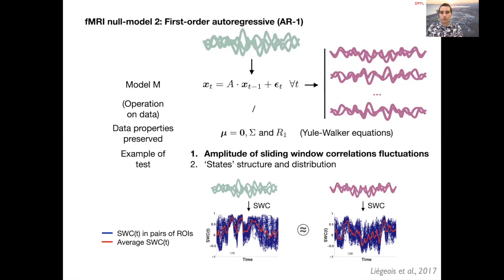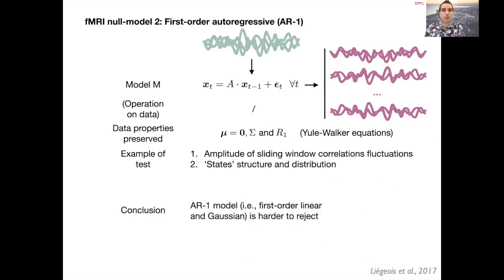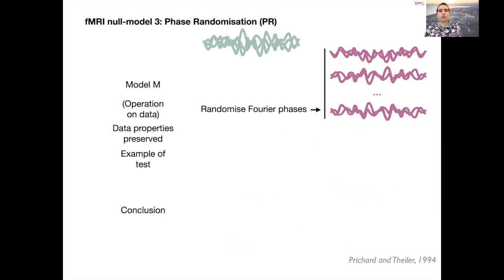Let's now move to the third null model, which is phase randomization. I'm not going to enter the details of how that works, but essentially it's going from the temporal domain to the Fourier domain, the spectral domain, randomizing the phases, and then getting back to the temporal domain. What are the data properties being preserved, and what is the model corresponding to this?